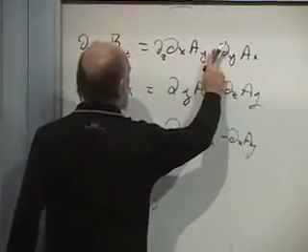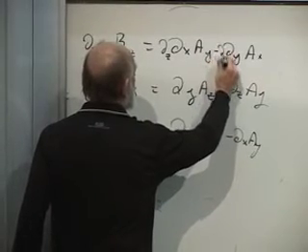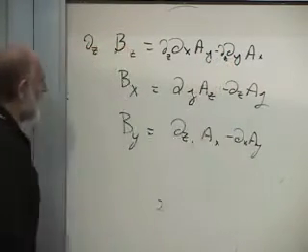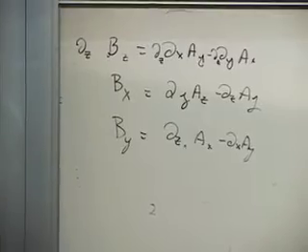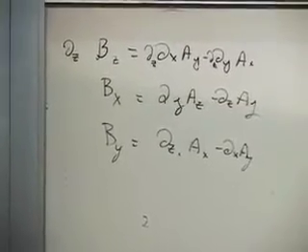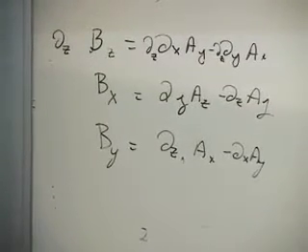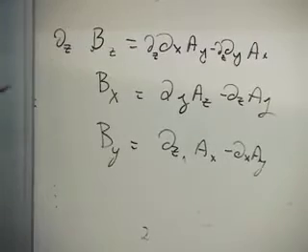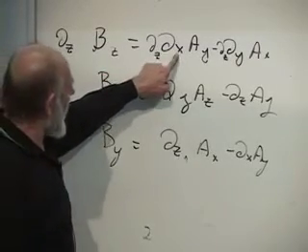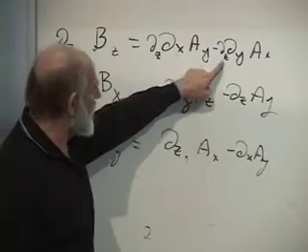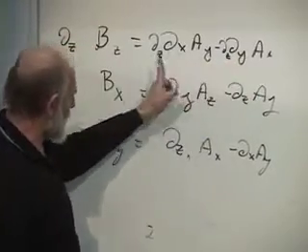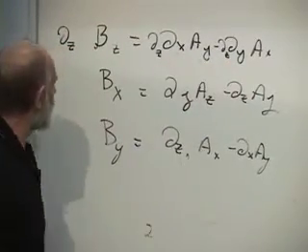A_x, A_y, and A_z all depend on z. They all depend on all the coordinates. So we get d_z d_x A_y minus d_z d_y A_x. This means multiple derivatives, second derivatives.